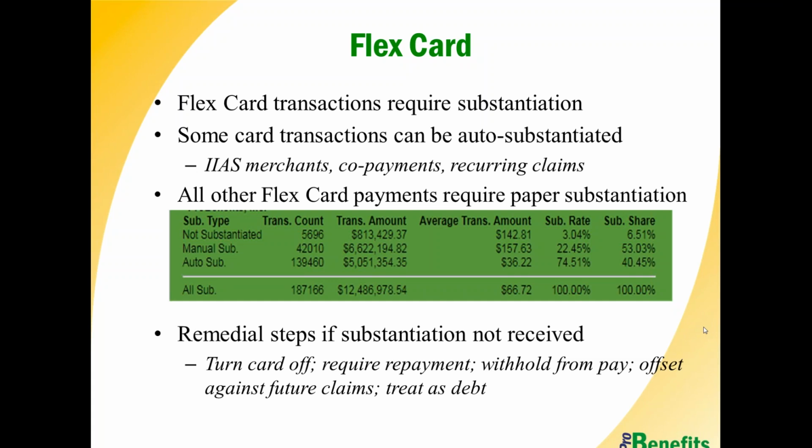And so they have certified that what you're purchasing there is either going to be eligible or not eligible, and the card will know the eligible items and go ahead and pay for those automatically. Things like prescriptions or durable medical goods like Band-Aids, those have already been substantiated by their inventory system in order to go ahead and go through. So we don't ask for documentation when you go to one of these merchants.